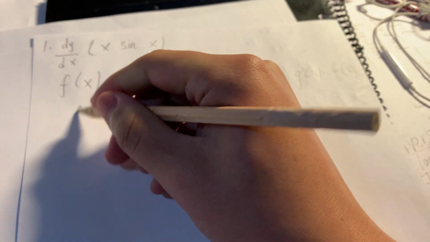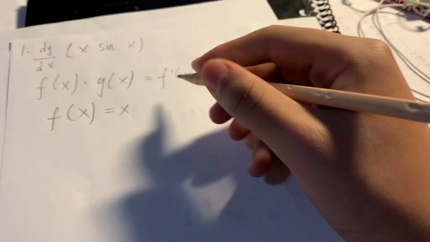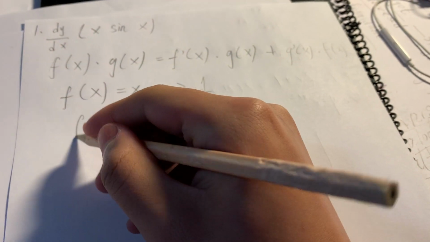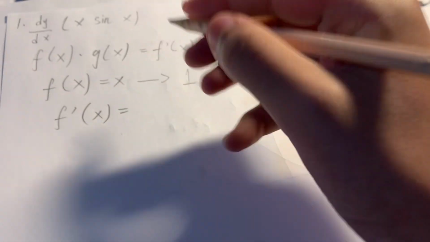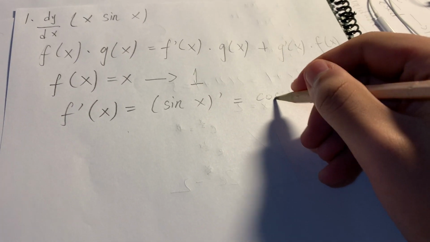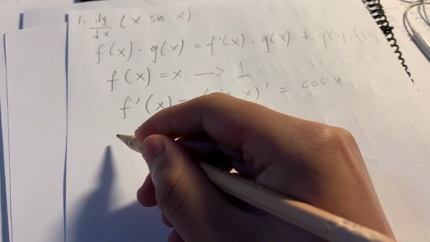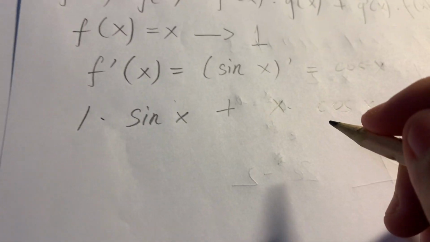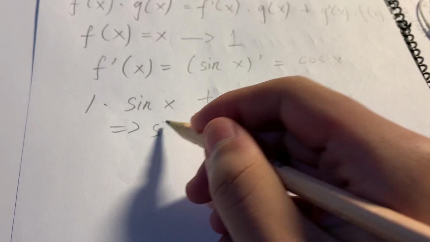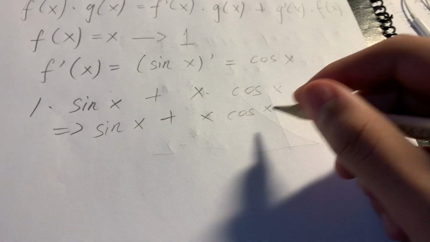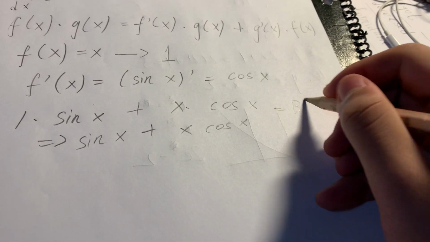In this case, f(x) is x, and the derivative of x is 1. The derivative of sine x is cos x. So let's combine the two together, which is 1 times sine x plus x times cos x, which equals sine x plus x cosine x, which refers to B.